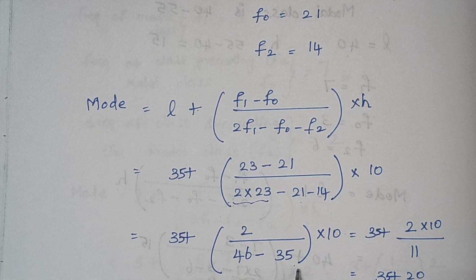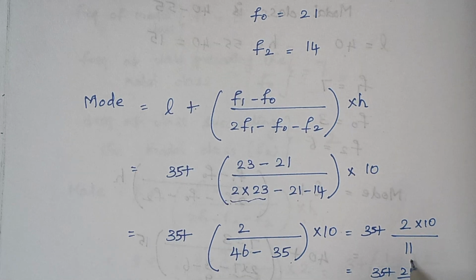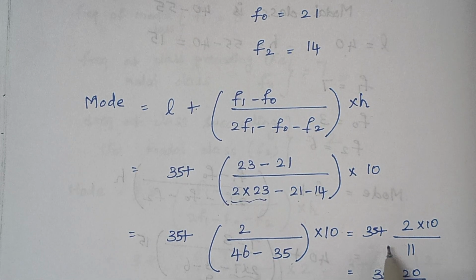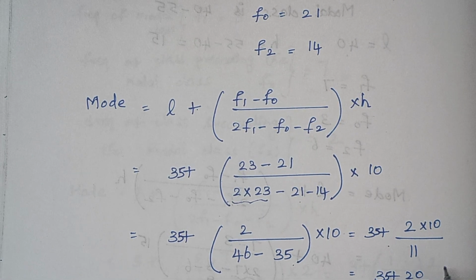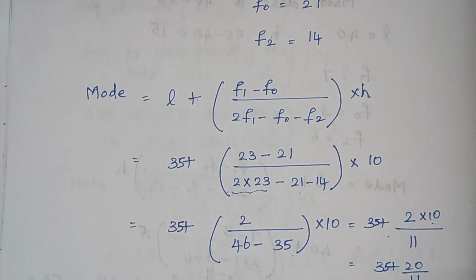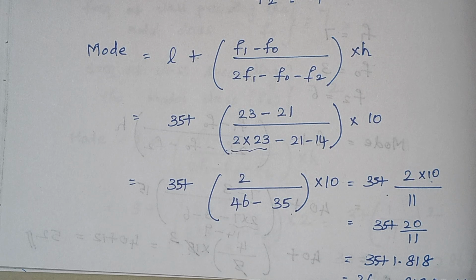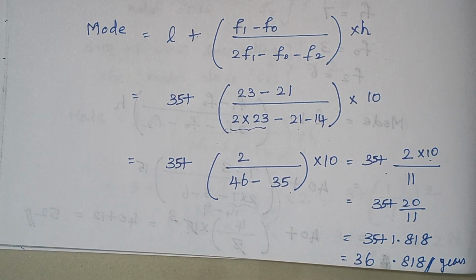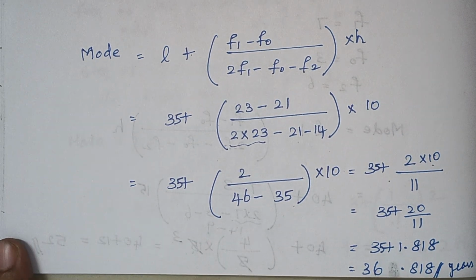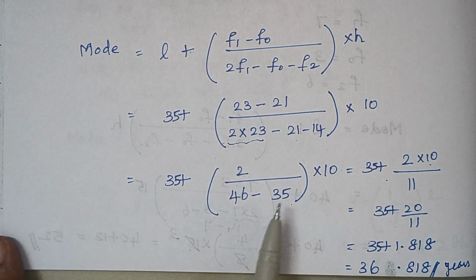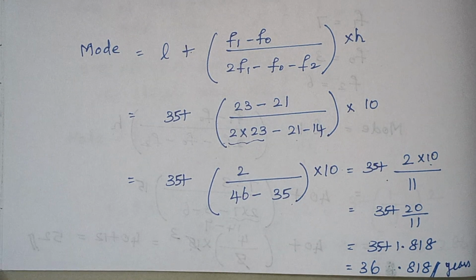So 46 minus 35 gives you the answer 11. So here 35 plus 2 into 10 by 11. 2 into 10 is 20. So 20 by 11 gives the answer 1.818. When you add 35 plus 1.818, the answer is 36.818 years. So this is the modal value for the given data.